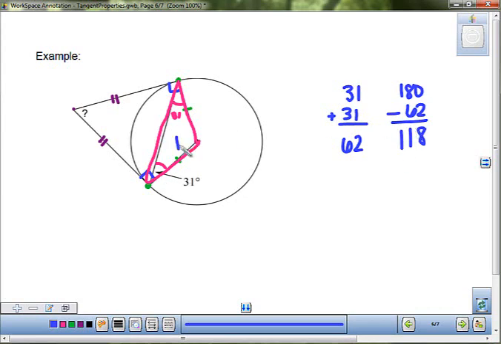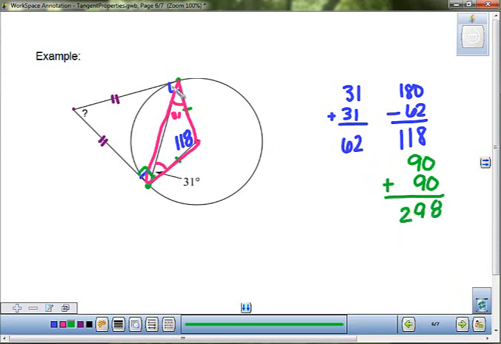Now you know that that is the central angle, and the quadrilateral we know that adds up to 360. So I'm going to add the 118 and the 90 and 90 to get 298.